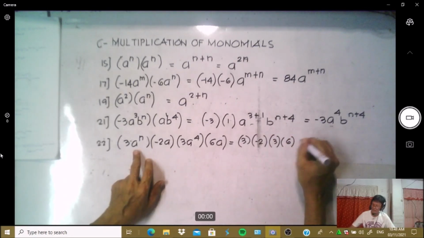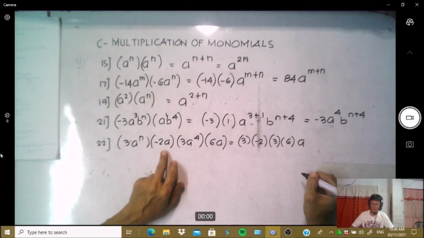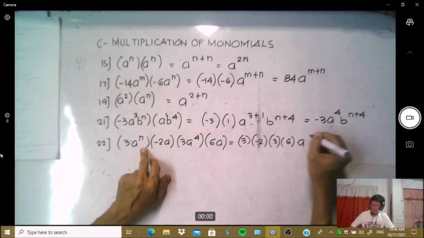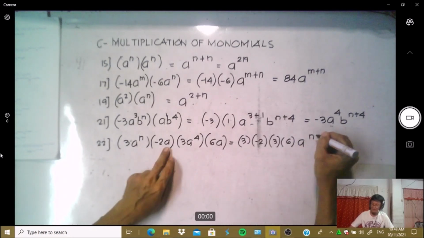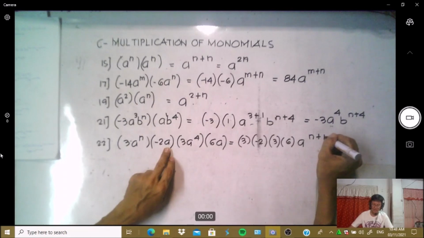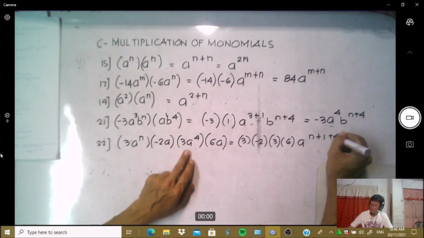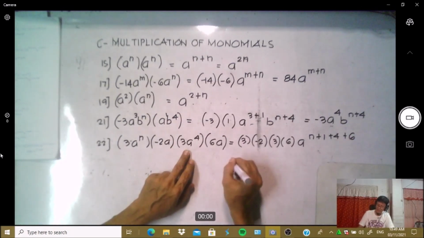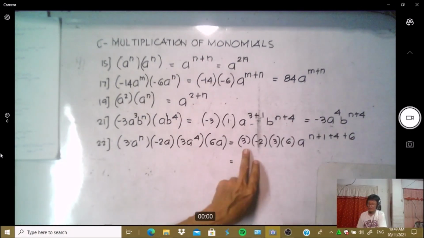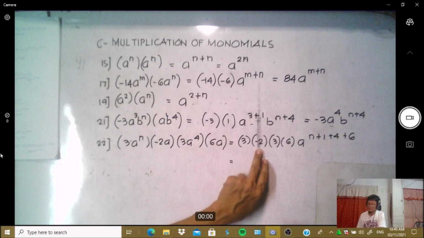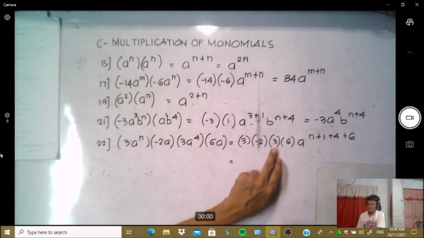Then we have a raised to n, then plus 1 here, plus 4, and plus 6. And therefore, our answer is 3 times negative 2 is negative 6 times 3 is negative 18 times 6.